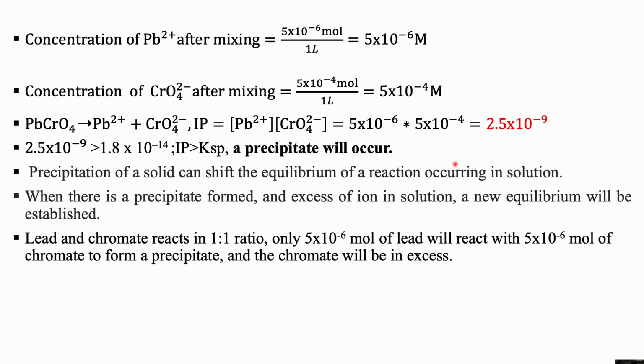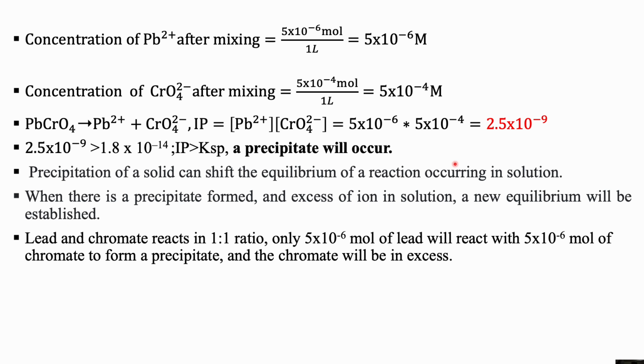So here then we need to determine how much of lead and how much chromate will react to form the precipitate. That means the one which will remain in the solution will be the excess. But we need to determine, if I am forming a precipitate, which one is going to remain in the solution and which one is going to form a precipitate.